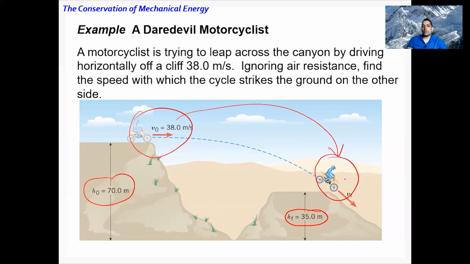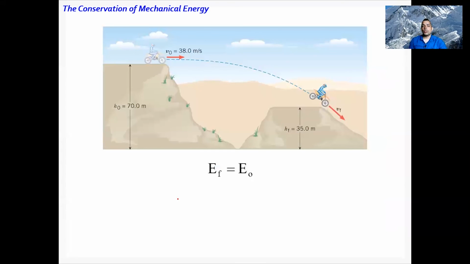Let's use the principle of conservation of energy and figure this out. The principle of conservation of energy says final E equals initial E. What is your final E? Again, this is the sum of two energies, right? So mghf plus 1 over 2 mvf squared equals mghi plus 1 over 2 mvi squared.